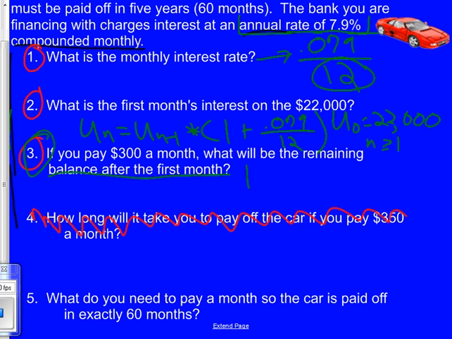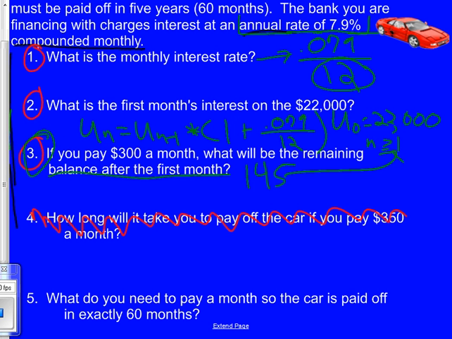It would be $145 because we're just taking our principal and subtracting it from that full total there. So this 145 is supposed to go right up here.